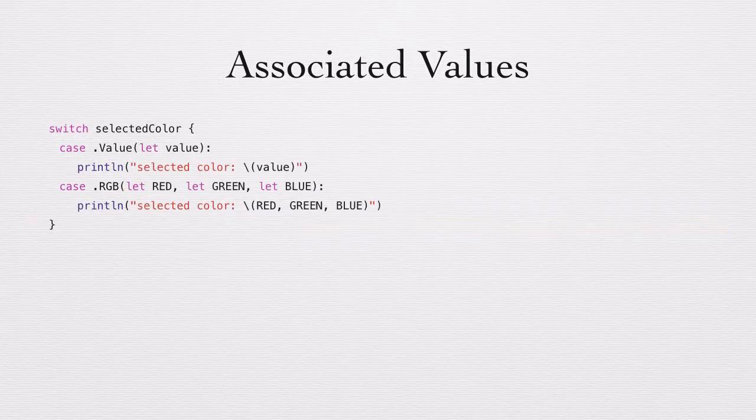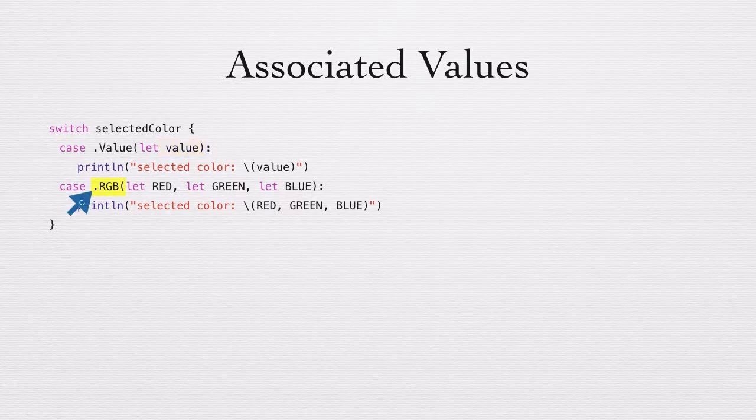We now write a switch statement to print the current value of the selected color variable. In the value case we declare a constant called value with the let construct. If the selected color variable holds a member of type defined by value case, this particular case will be executed, and the value constant will take the value of the associated member.